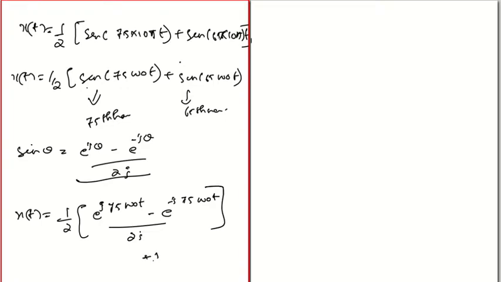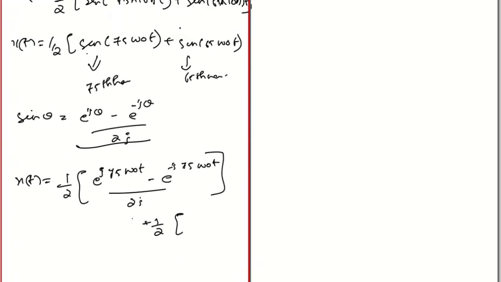Similarly, the other one is half into e raised to j 65 omega 0 t minus e raised to minus j 65 omega 0 t divided by 2j. I have multiplied the half inside.